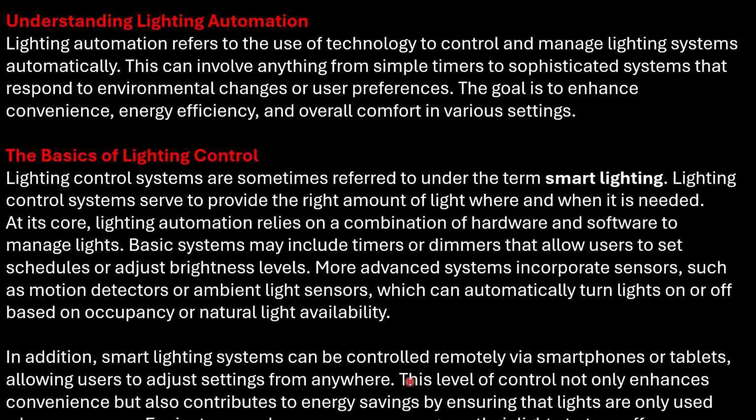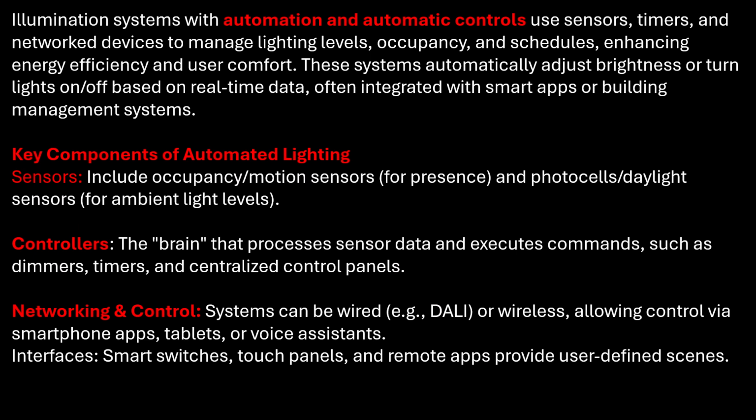This level of control not only enhances convenience but also contributes to energy saving. Friends, we are discussing automation and automatic controls. Both use sensors, timers, and network devices to manage light levels, occupancy, and time schedules, enhancing energy efficiency and user comfort.